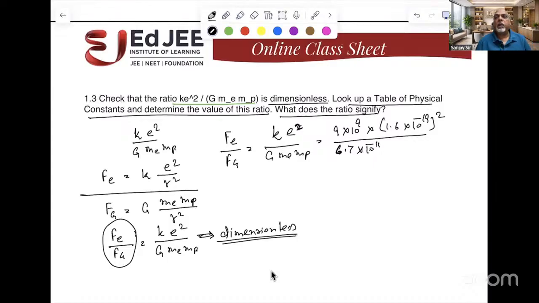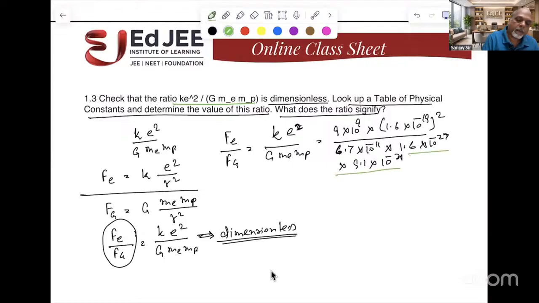And if you put the value of this, it is around 1.6 into 10 raised to minus 27 mass of the proton into 9.1 into 10 raised to minus 31 kg. That is the mass of the electron. Please check up these values.